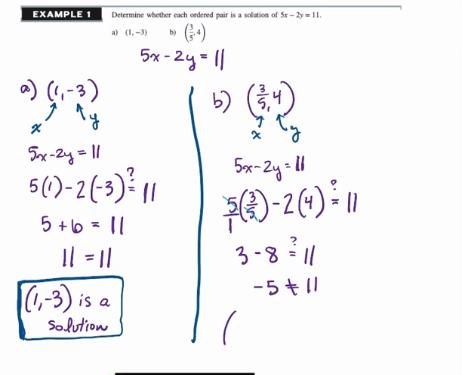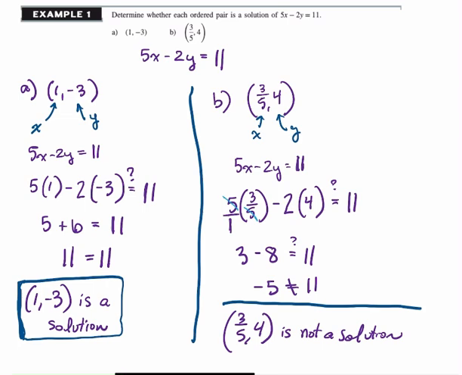So we would say that this is not a solution. Or visually, we could say that this point is not on the graph of the line. But we'll look at plotting points and graphing lines later.